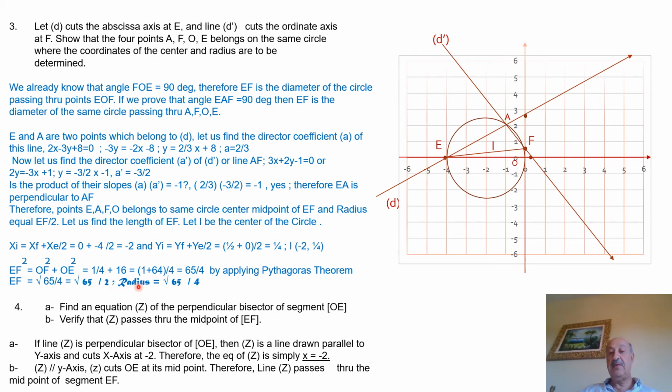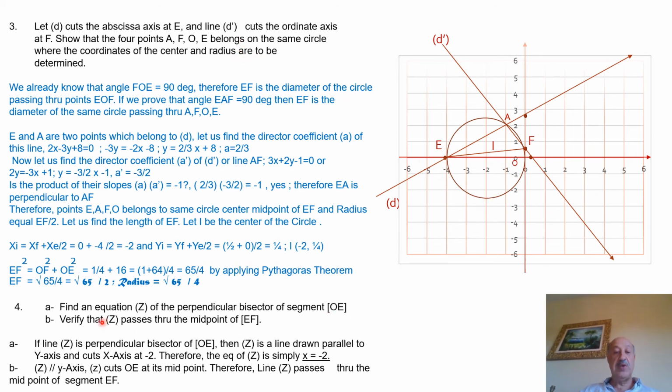The radius is then simply this number divided by 2, which gives radical 65 over 4. So EI or IF is equal to radical 65 over 4. We determined the circle, its center, and also its radius.